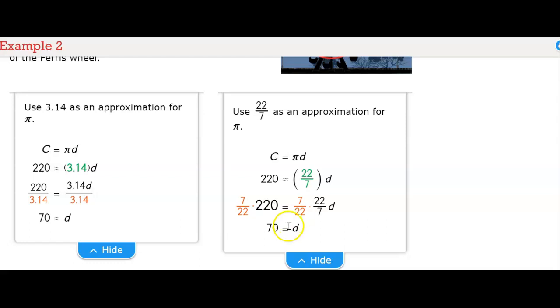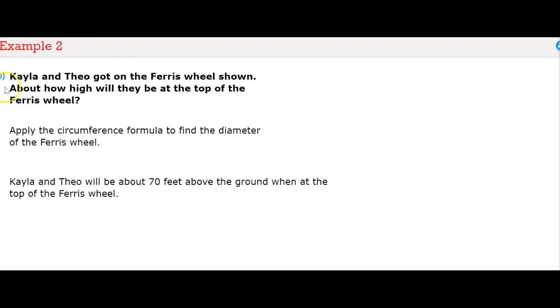So we have 7 over 22 times 220, and you still get 70 as the approximate answer for diameter. So at the top of the Ferris wheel, Kyla and Theo will be about 70 feet above the ground.